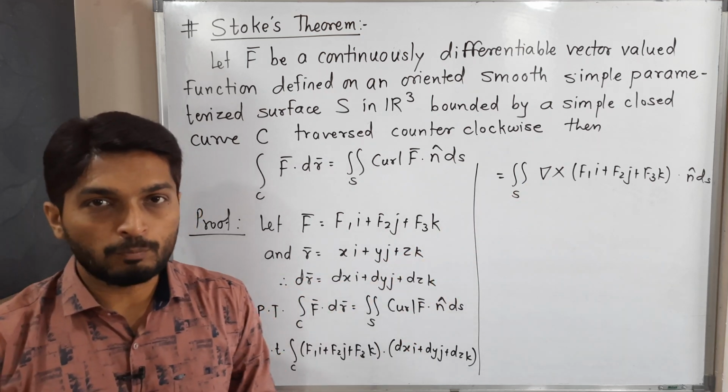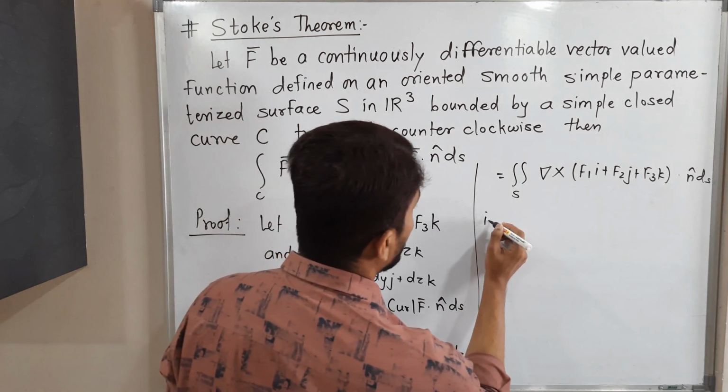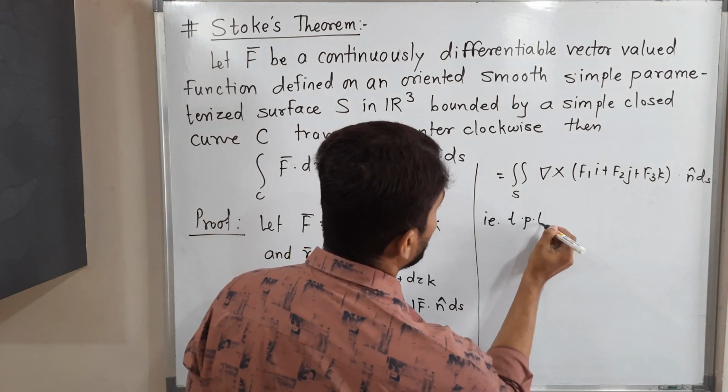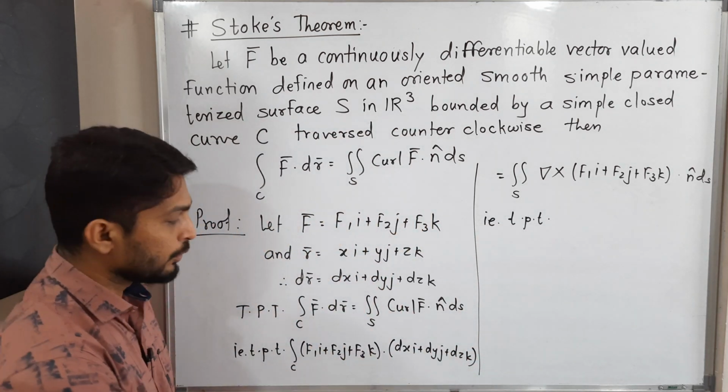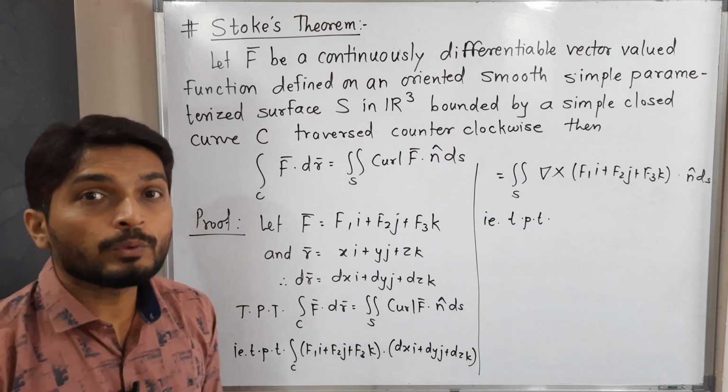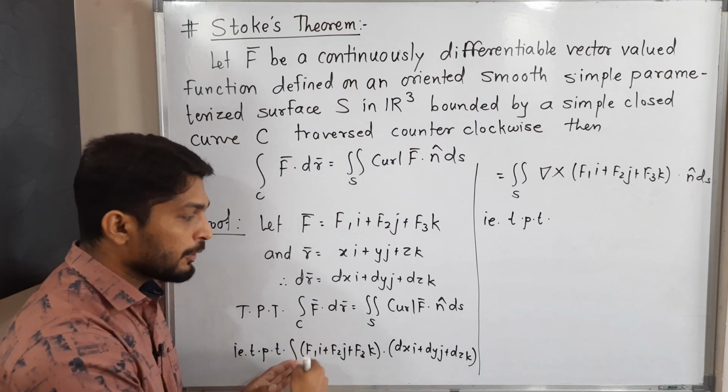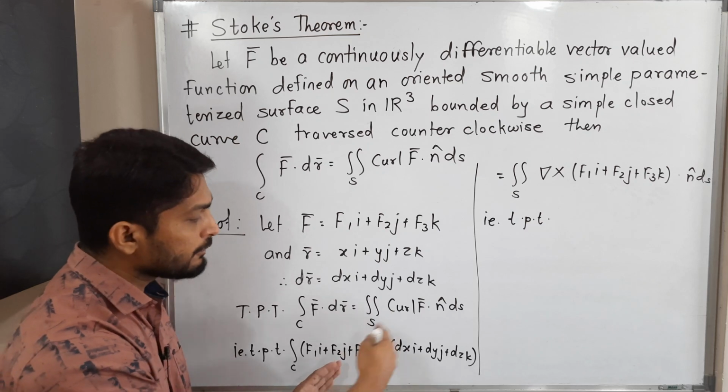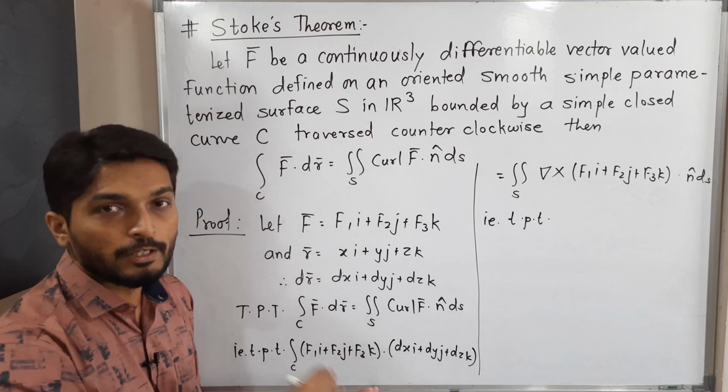So let us simplify it more. I will simplify it more. There is a dot product, and you know well how to take a dot product: multiple of i into multiple of i plus multiple of j into multiple of j plus multiple of k into multiple of k.